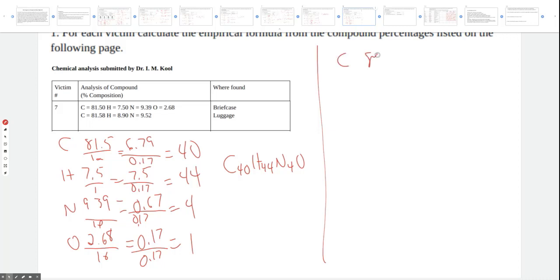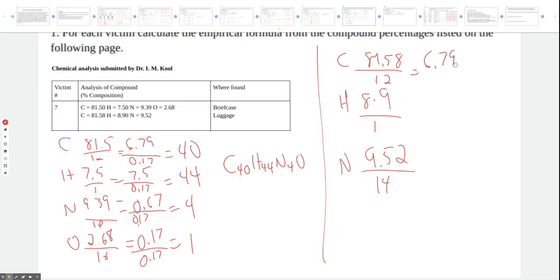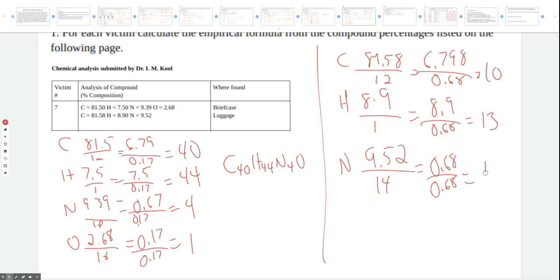And then the second compound is 81.58 carbon, 8.9 hydrogen. This one doesn't have any oxygen. The nitrogen is 9.52. Divide by molar masses. You get 6.798, 8.9, and 0.68. Divide them all by the smallest, which was 0.68. And we get 10, 13, and 1.